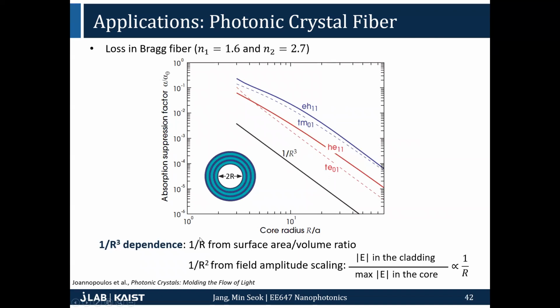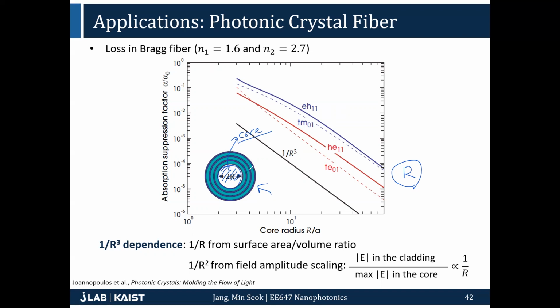And if you think about why this is happening, you can understand it in this way. Here, as R increases, then the surface area to volume ratio decreases. So for instance, if your guided mode resides inside the core region, there's no loss because it's a hollow core, it's free space. There's no loss mechanism.